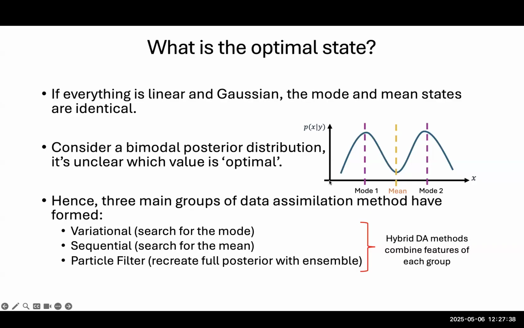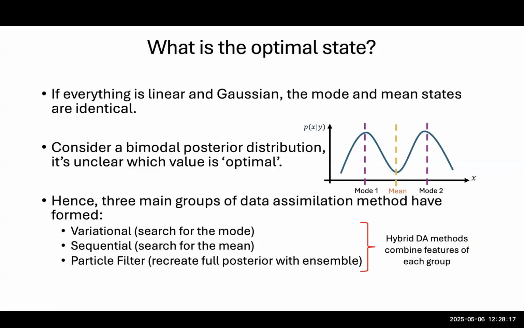In this example, we have two modes, so two areas of maximal probability for two states. Which would you choose? I mean, one may be unphysical, so that automatically makes it easier. But then we have the mean in the middle of these two, but that occurs at an area of low probability. So is that really the best value to be taking? It's unclear what is optimal.